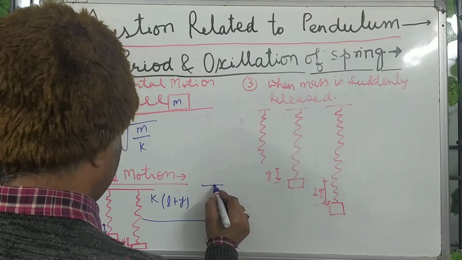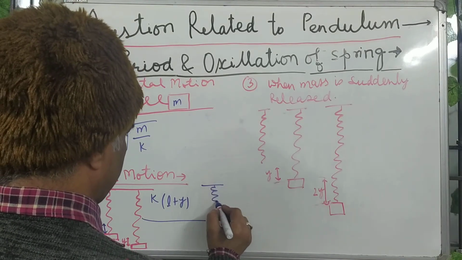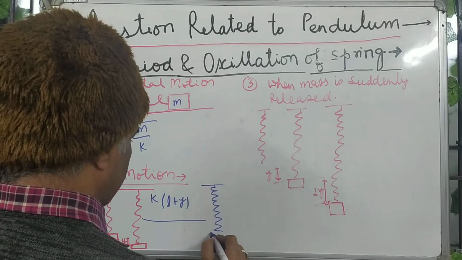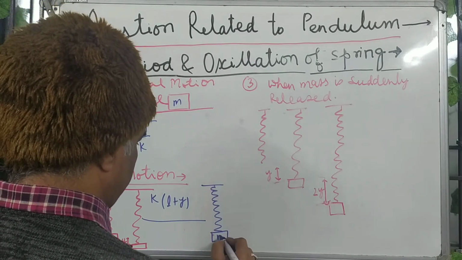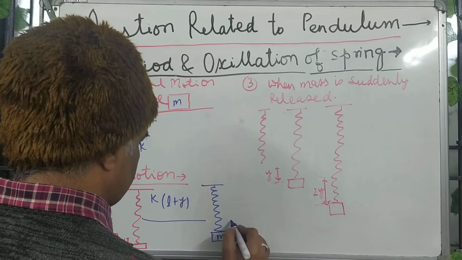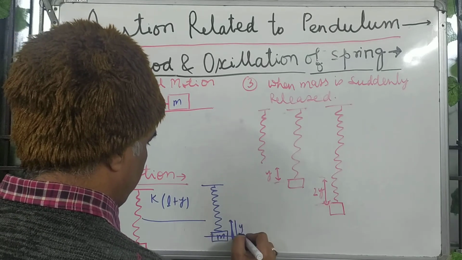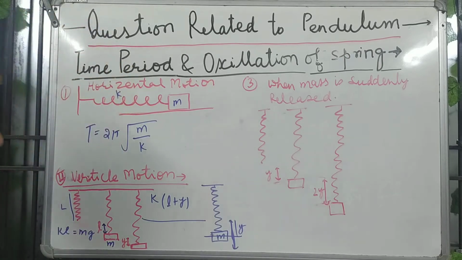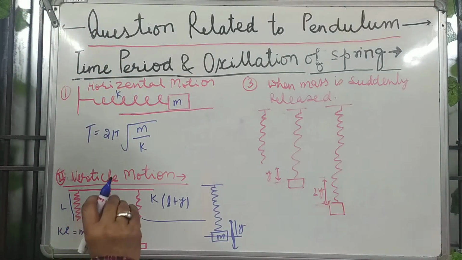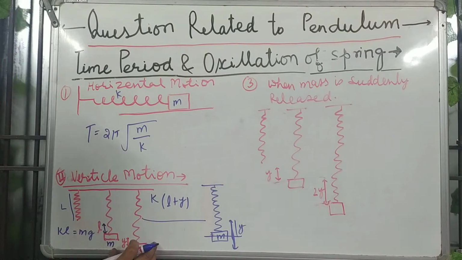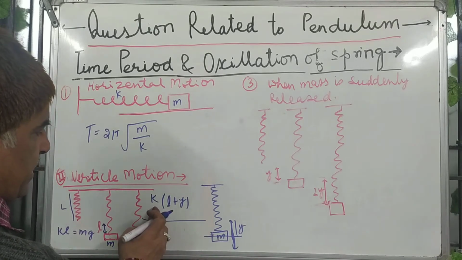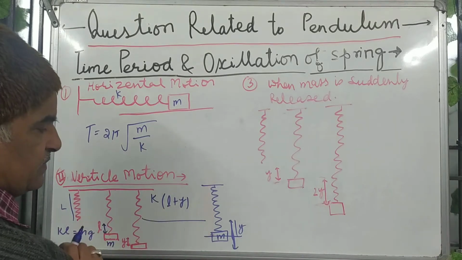This is the spring and this is the M mass body, and about this it will start oscillating. So this is the y. So in this the new restoring force acting at this point is k(L plus y).